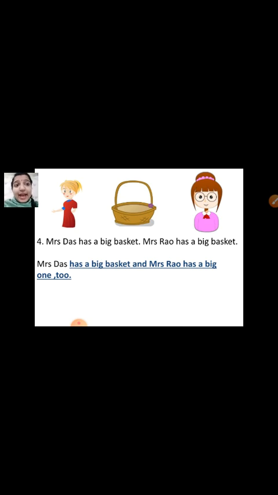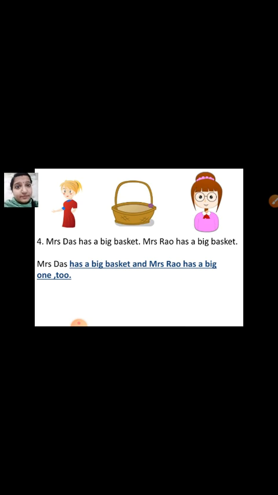You have to add and in between for connecting the words. Then you have to put one comma too at the end of the sentence, but you will not repeat the object again. Basket only once it comes. At the end you are going to write only this big, not basket again. Instead of basket, you are going to write one comma too.